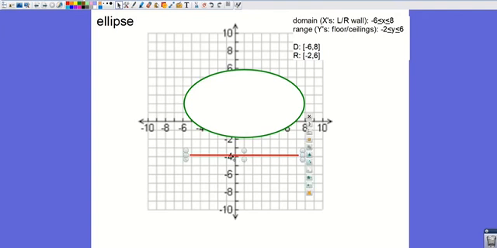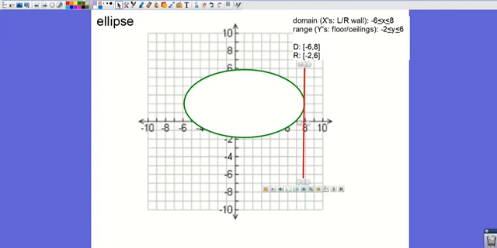You have a left wall and a right wall here, because it doesn't cross its left or its right wall. So you have -6 and +8 as your left and right wall.